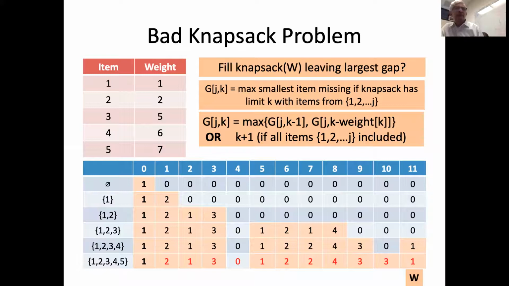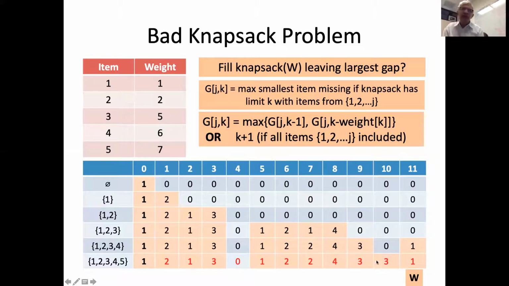The question is, could we have done better? And it turns out that you can. In order to actually get the right answer for what we can do in terms of leaving the largest gap, you don't take what you get over here. Instead, you work your way backwards and figure out which of these answers helps you.